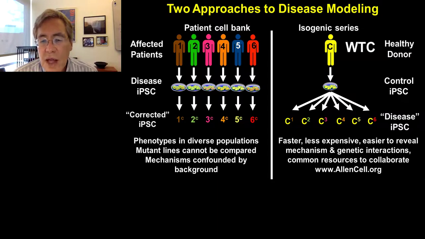And so if you take a wild type cell line like this and now make an allelic series, where you now see multiple different versions of the same iPS cell, you can make an allelic series of diseased iPS cells, for instance, make disease mutations. And what's different here is that now you can take, say, C1 and compare it directly with C6.